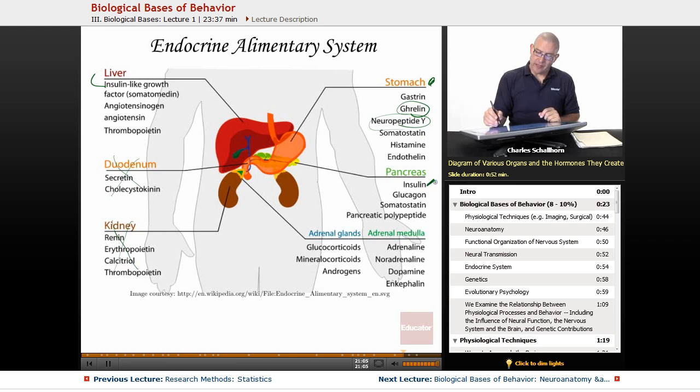The pancreas with insulin. We don't need to worry about the rest of those. And the adrenal gland. So we're going to be looking at adrenaline, noradrenaline, dopamine, the glucocorticoids, and the androgens. Those we are going to be familiarizing ourselves with later in the course. But I wanted to introduce them to you now as we're looking at the endocrine system.